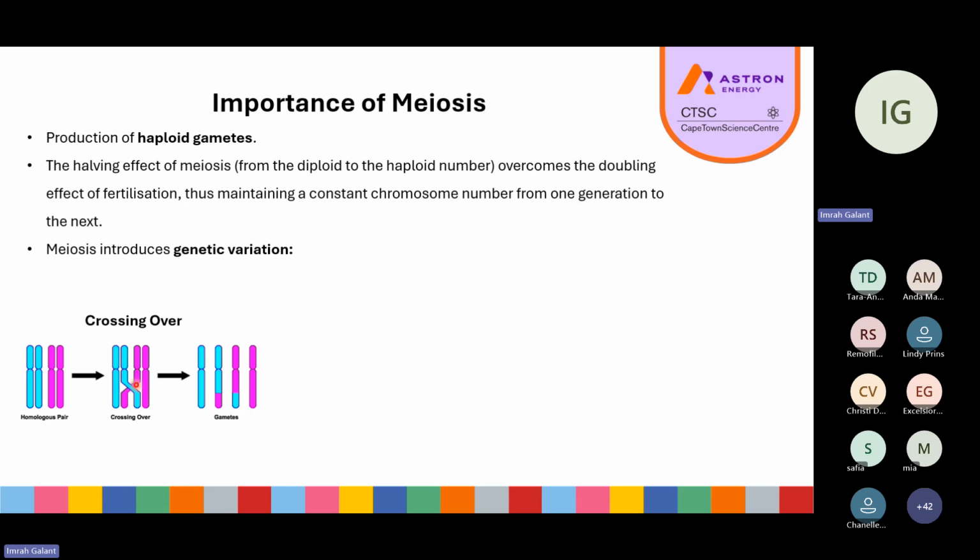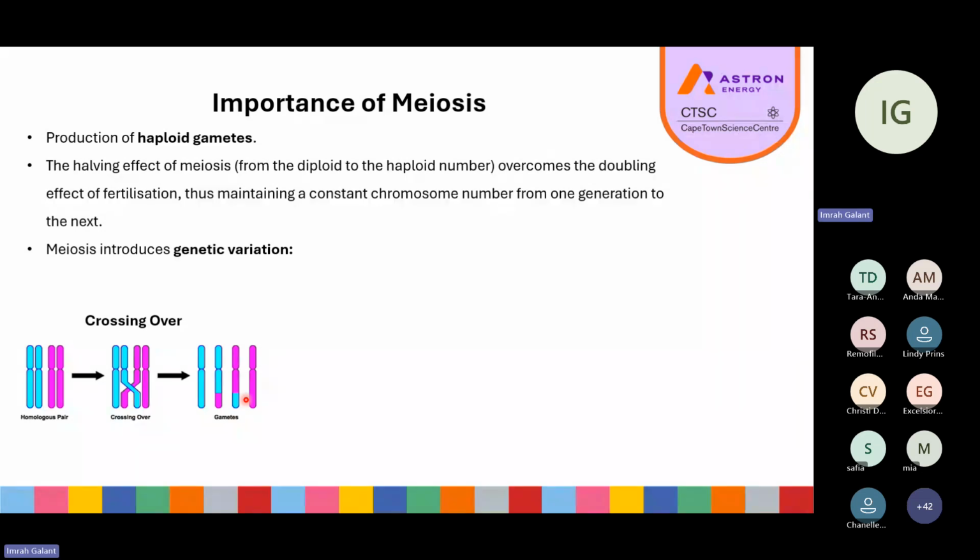At the point where these two inner chromatids cross over, the chromatid segments break off and they are now exchanging genetic material. Then you end up with chromosomes that are genetically different from each other.